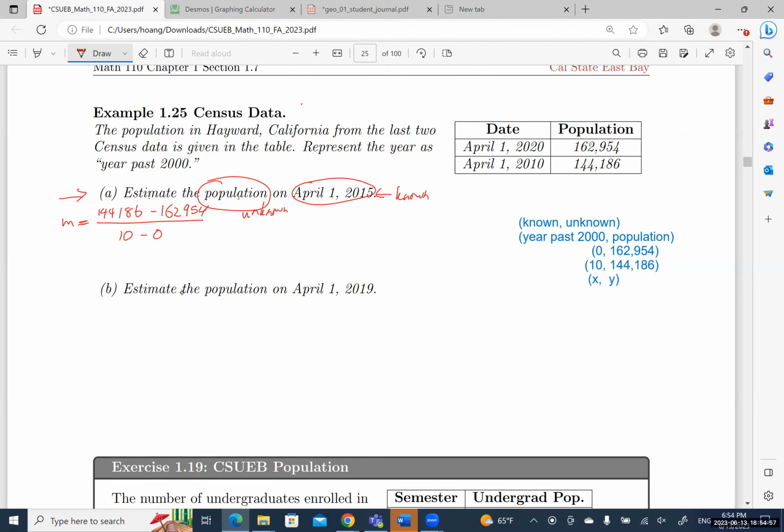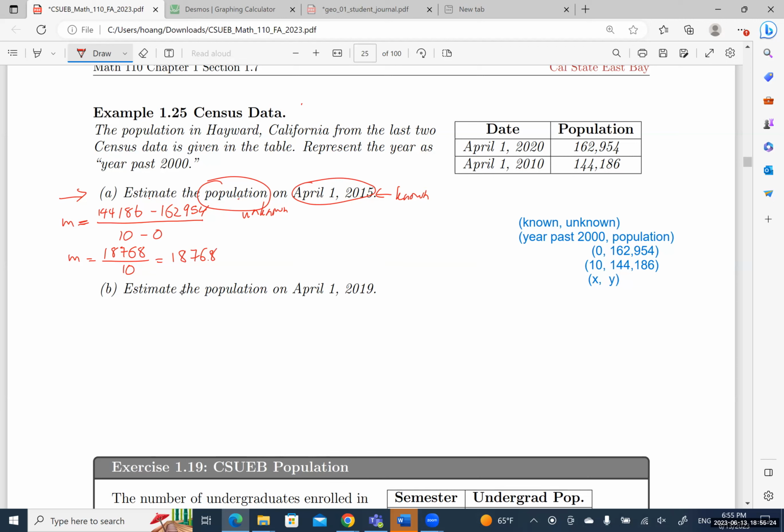So the slope will be 18,768 over 10, and that's going to be equal to 1,876.8.